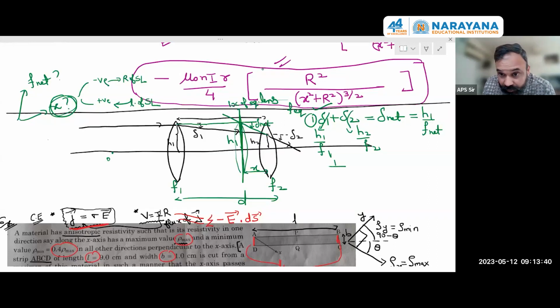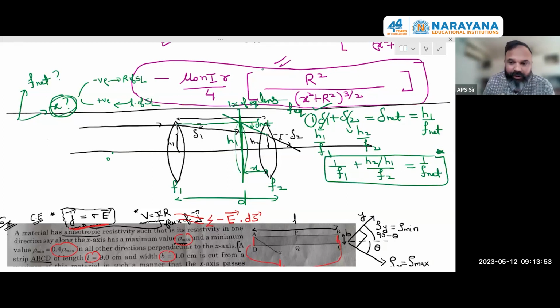Fine. Now, 1 upon F1 plus H2 upon H1 times 1 upon F2 is 1 upon F net. That is what we get first. Now I have to eliminate some of these terms. Observe this small right angle triangle, and take delta 1. Tan of delta 1 is delta 1, so delta 1 comes out as H1 minus H2 divided by D. A student can say, sir, delta 1 was also H1 by F1.